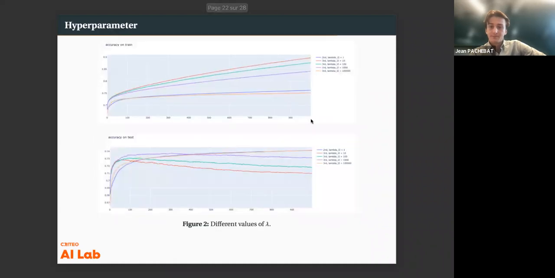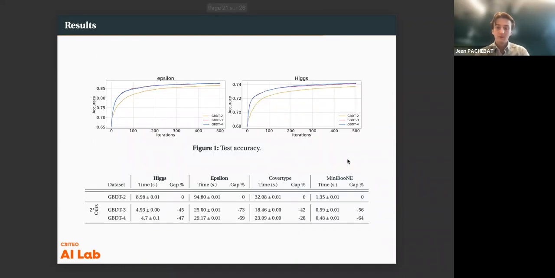I still have a question, please. Can you go back to the previous slide? In GBDTs and in ensembles of trees, we use trees to have a model that is interpretable, right?